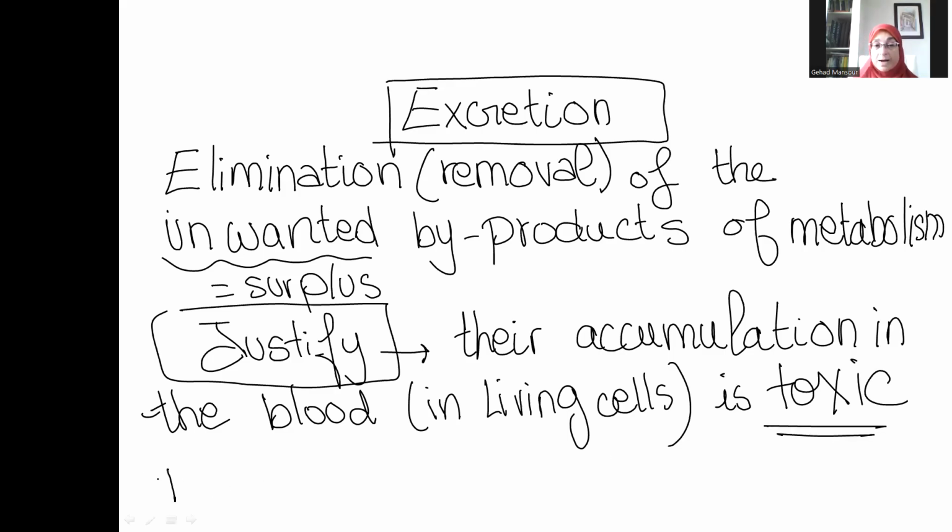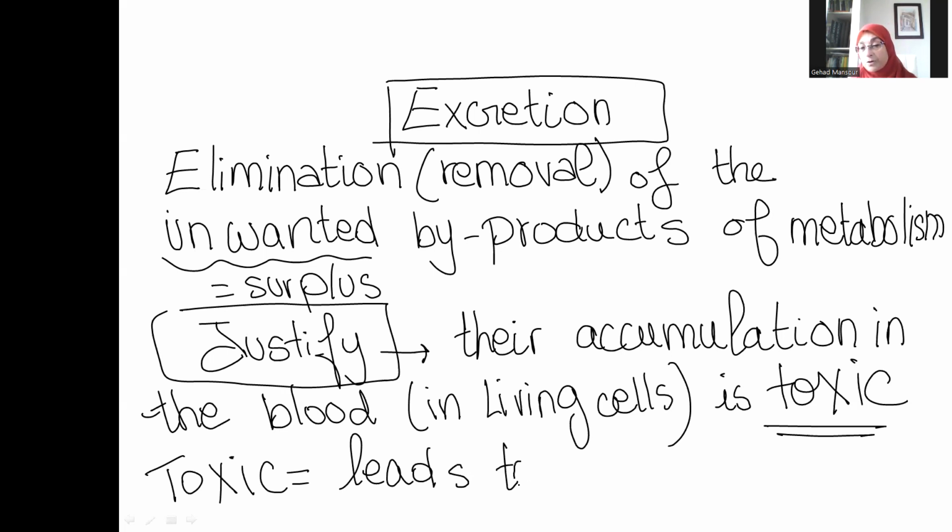What do we mean by toxic? When I say that a substance is toxic, or that the accumulation of a substance is toxic, I mean that it leads to impaired cellular function.